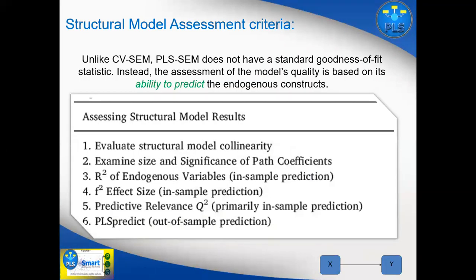You remember last time we said the structural model is that we want to test the relationship between constructs. All that we did yesterday, we assessed the relationship between items and constructs. Now we are going for construct to construct. What is the relationship between construct and construct?